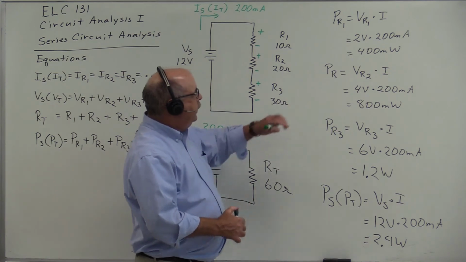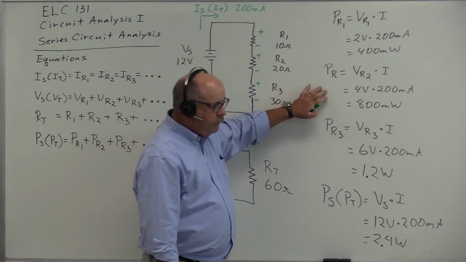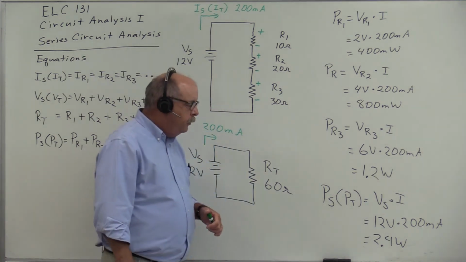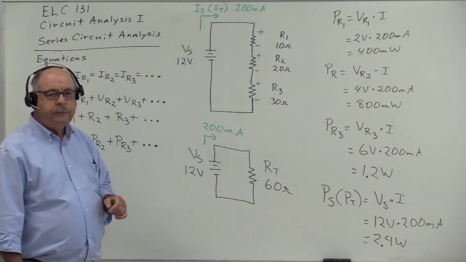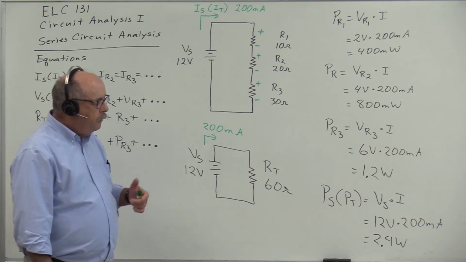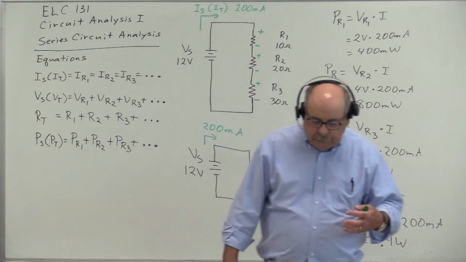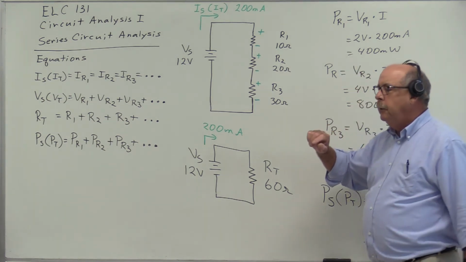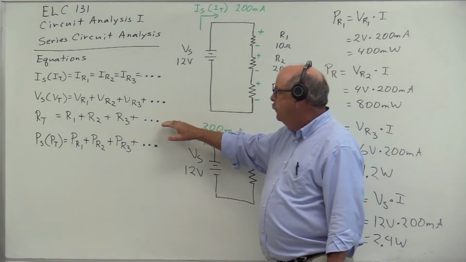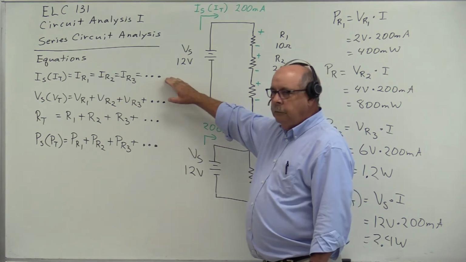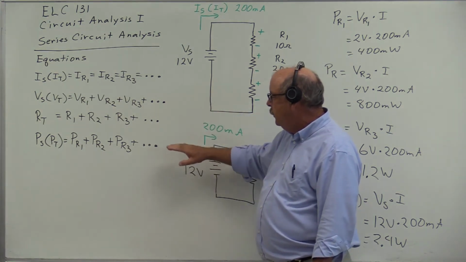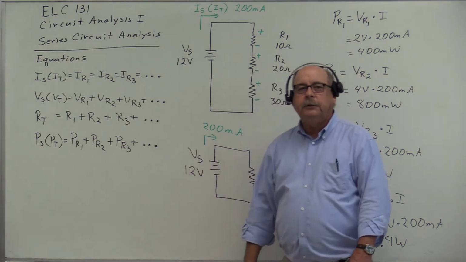And if we add these individual power dissipations up, we'll also get 2.4 watts. So these are the steps to follow in order to analyze this series circuit to find R total, the source current, the individual voltage drops, and the individual power dissipations.